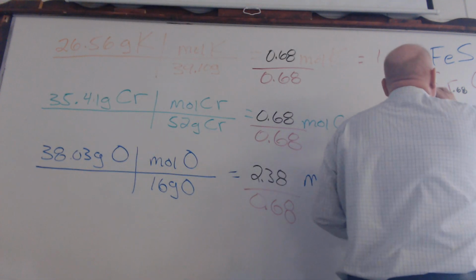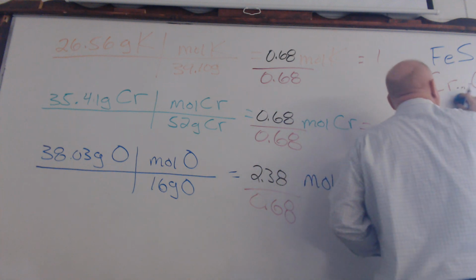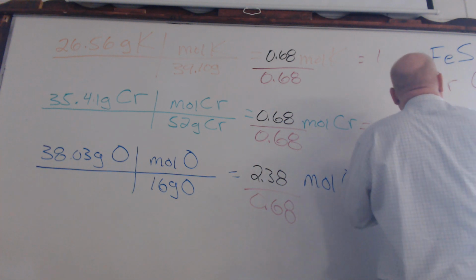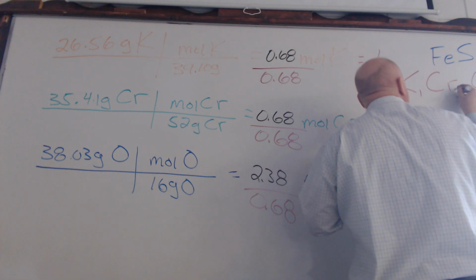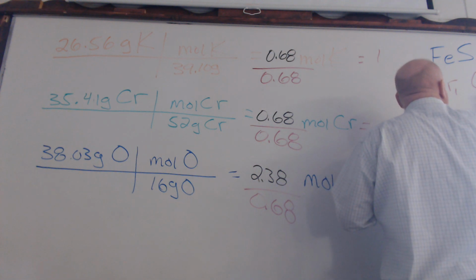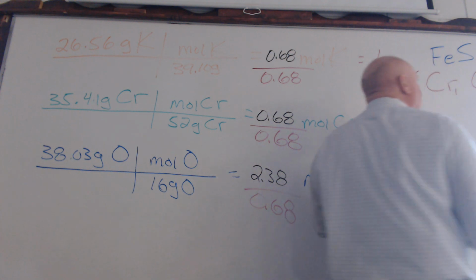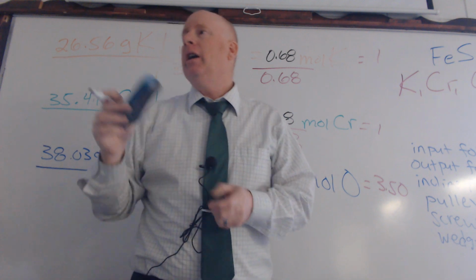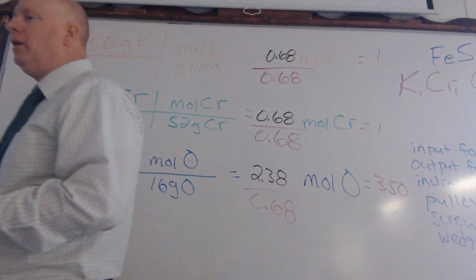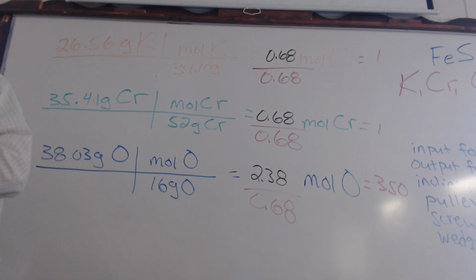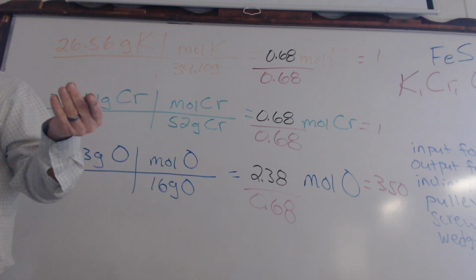Do you suppose we could write the chemical formula like 1 to 1 to 3.50? The answer is no. They have to be a nice whole number. It can't be on a quarter. It can't be on a half. It can't be on a 3/4.